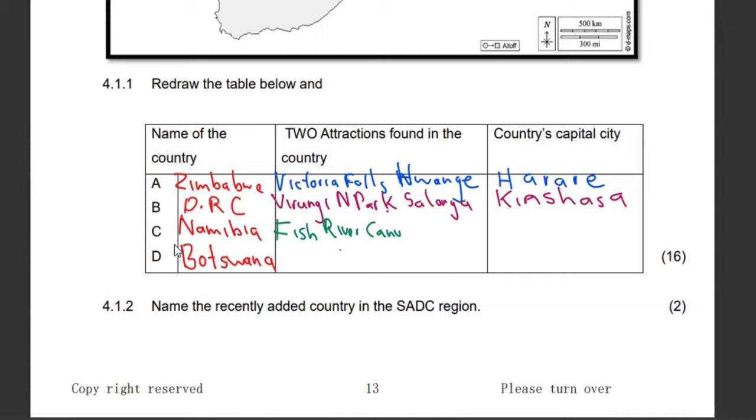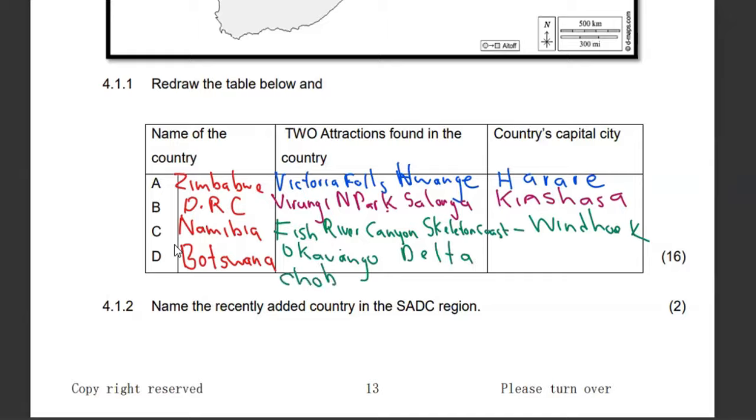In addition to that, you find the Skeleton Coast. Then the capital city is called Windhoek. Then in Botswana, you find the Okavango Delta. Then you find Chobe National Park.